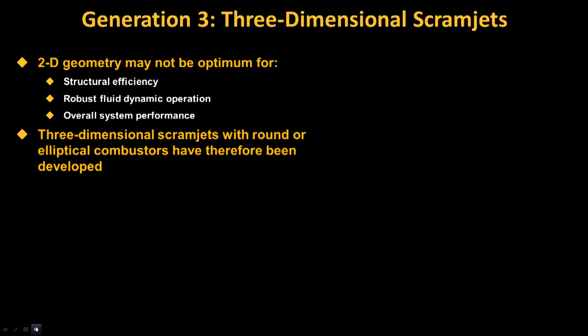Three-dimensional scramjets that are airframe integrated but include round or elliptical combustors have therefore been developed. With the advent of modern computational methods in the 1990s, many different types of 3D scramjets have been considered.